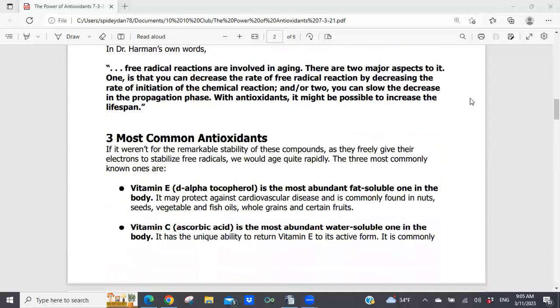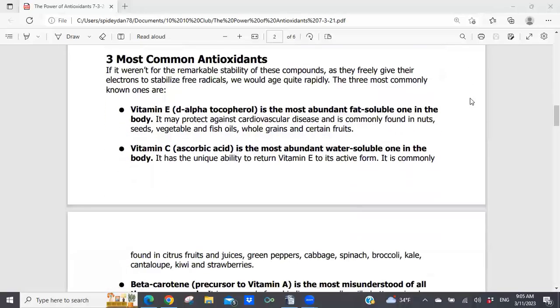So the three most common antioxidants that you can consume would be vitamin E. It is the most abundant fat-soluble antioxidant. Vitamin C is the most abundant water-soluble antioxidant.